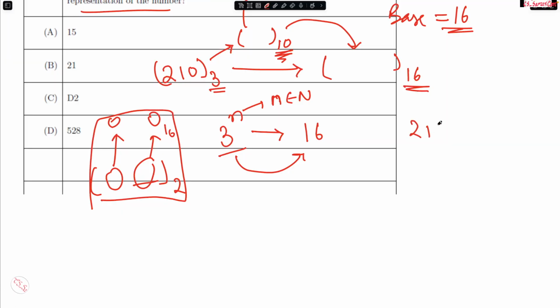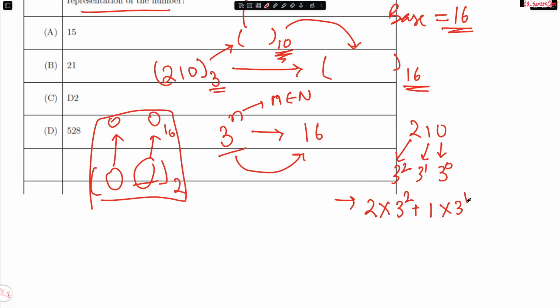So 210 in base 3 is going to have weights corresponding to the digits as follows: 3 raised to power 0, 3 raised to power 1, 3 raised to power 2. Just multiply the weights with the digits that are present. You're going to get 2 times 3 squared plus 1 times 3 raised to power 1 plus 0, because 0 times anything is 0 only.